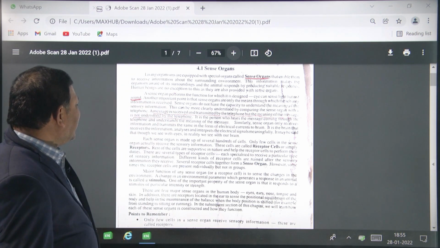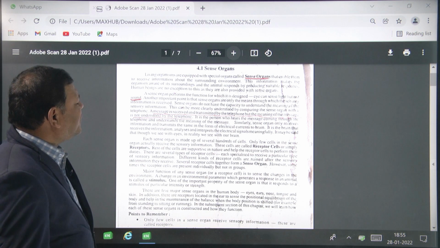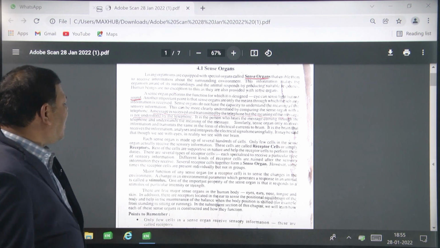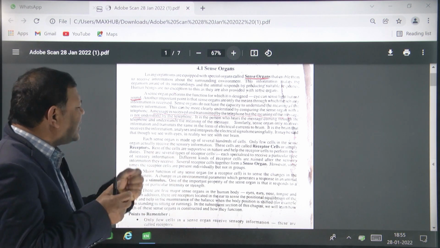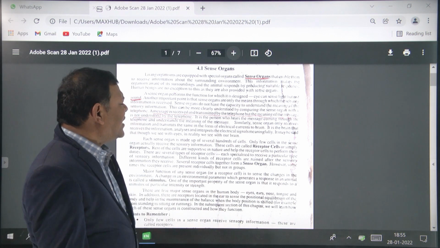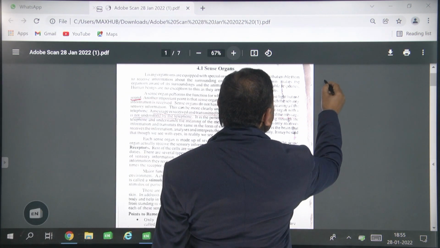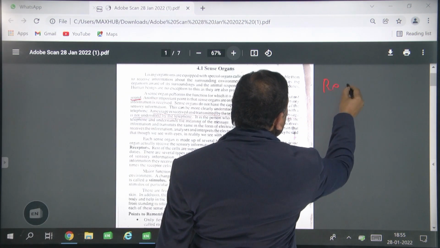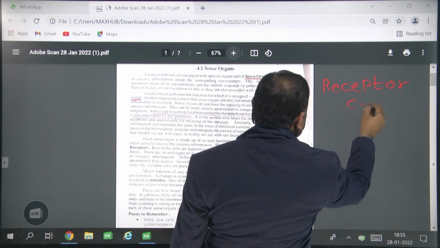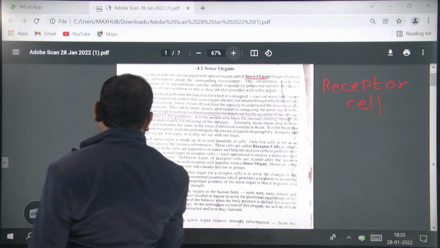Each sense organ is made up of several hundreds of cells. Only a few cells in the sense organ actually receive the sensory information. Which cells receive the information? They are called receptor cells, simply called receptors.